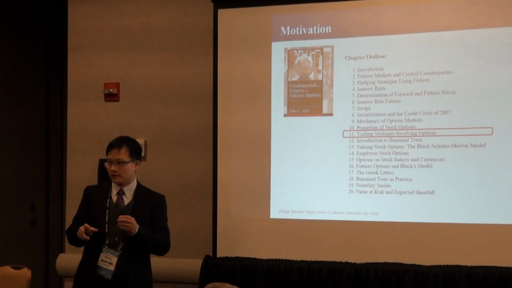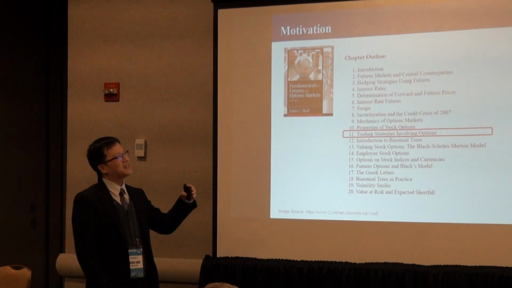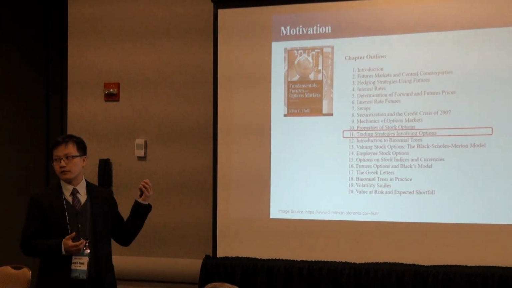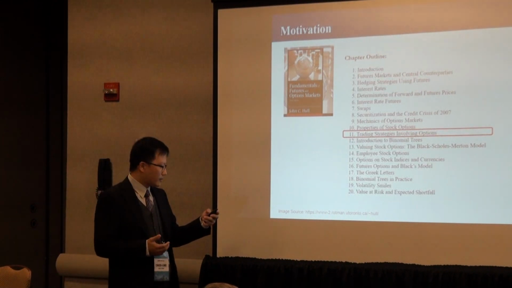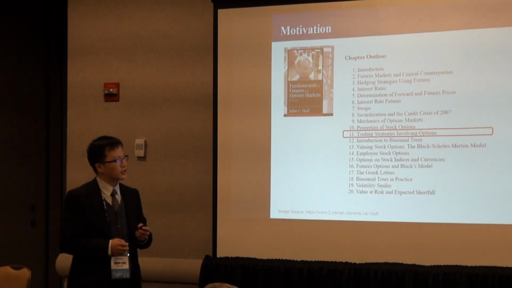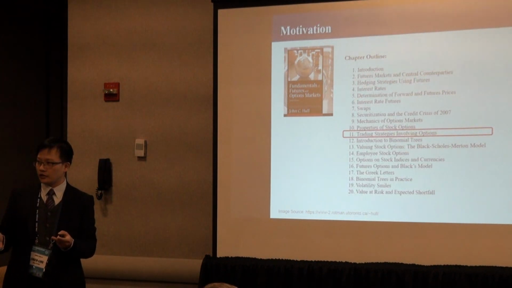If you are familiar with the derivative course, you must know this book, right? This is one of the most famous textbooks on finance, written by Professor John Ho. The chapter on option trading strategy usually follows the basic introduction to options.